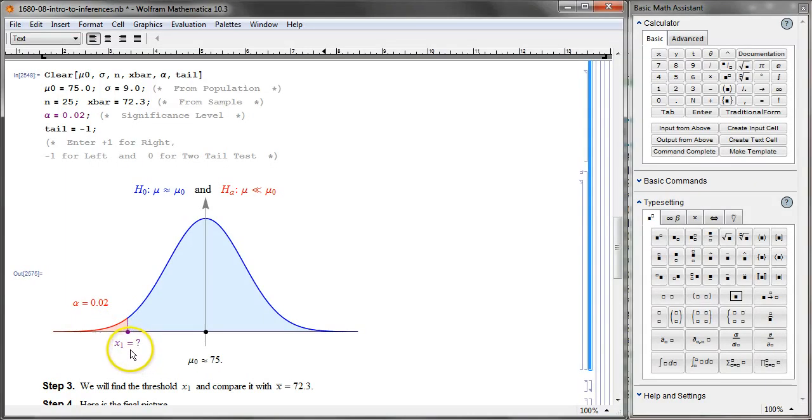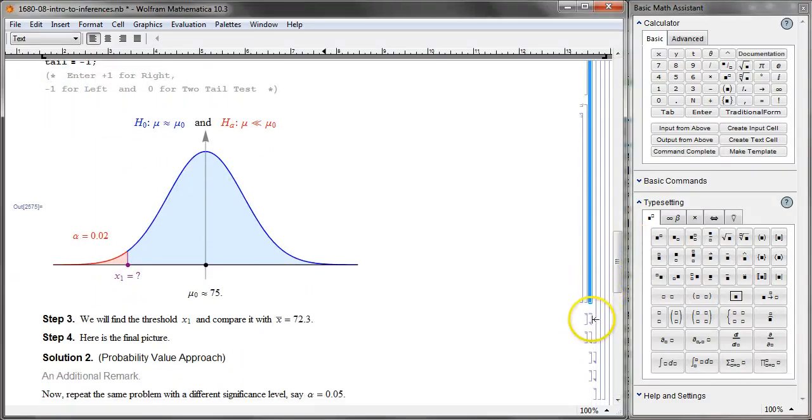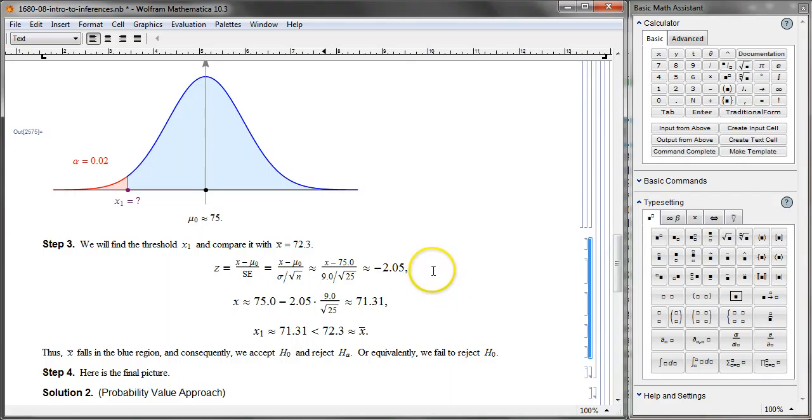And then we look up the z-table to find out this critical value, and we end up with this. This value, negative 2.05, is associated with this alpha value of 0.02. Look up the z-table, alpha is 0.02, so we end up with negative 2.05.